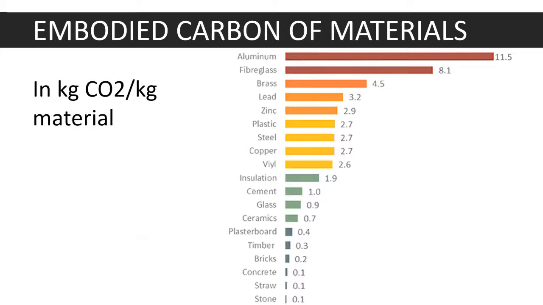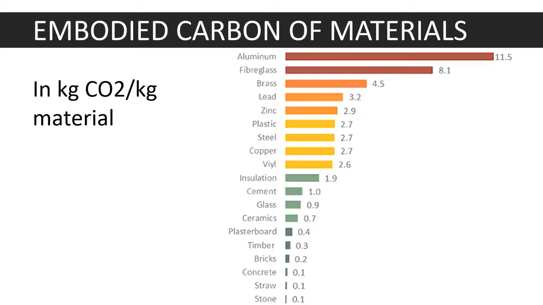Now, often we can find embodied CO2 values expressed in kilograms of CO2 per kilogram of material. And you will find that materials like aluminium or fiberglass have very high embodied CO2 per kilogram of material.